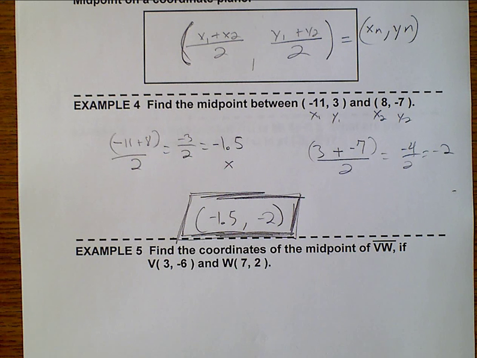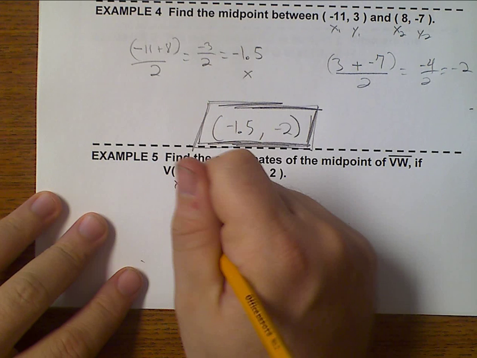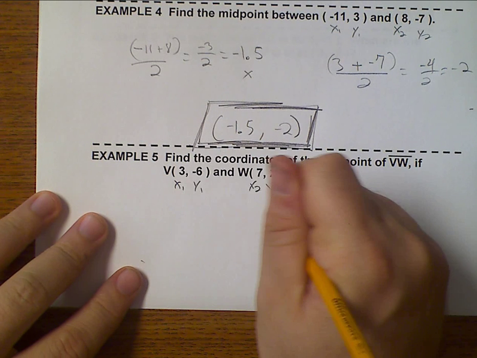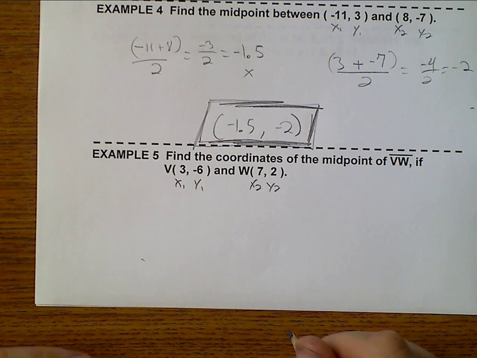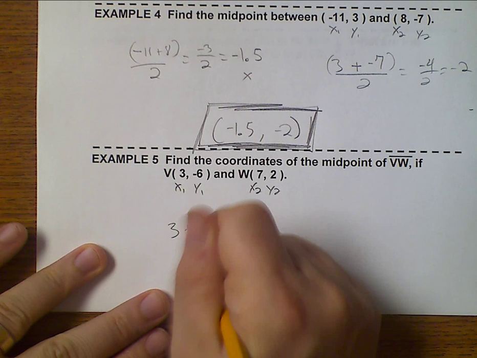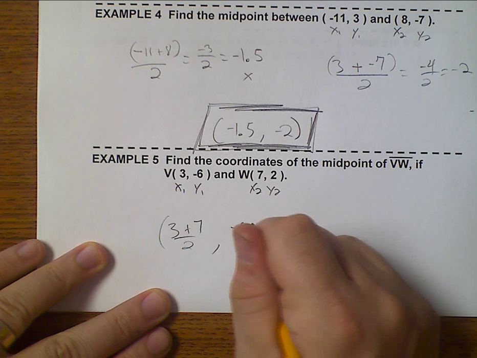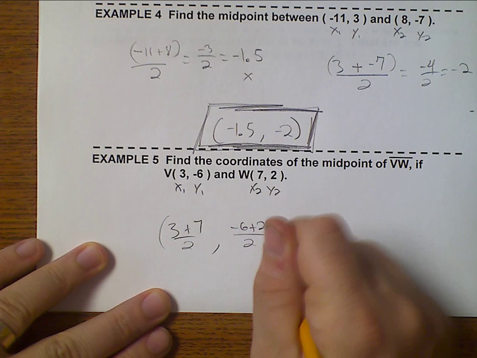Now for example number 5, x1, y1, x2, y2. This would be 3 plus 7 over 2, and negative 6 plus 2 over 2.